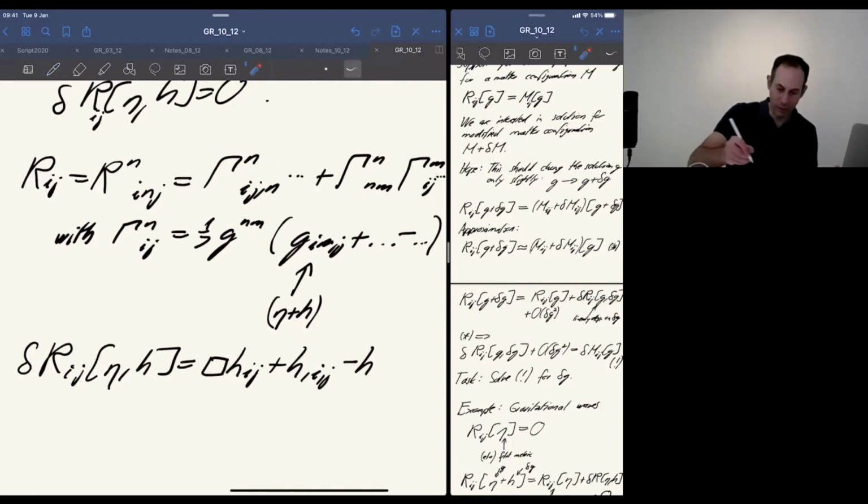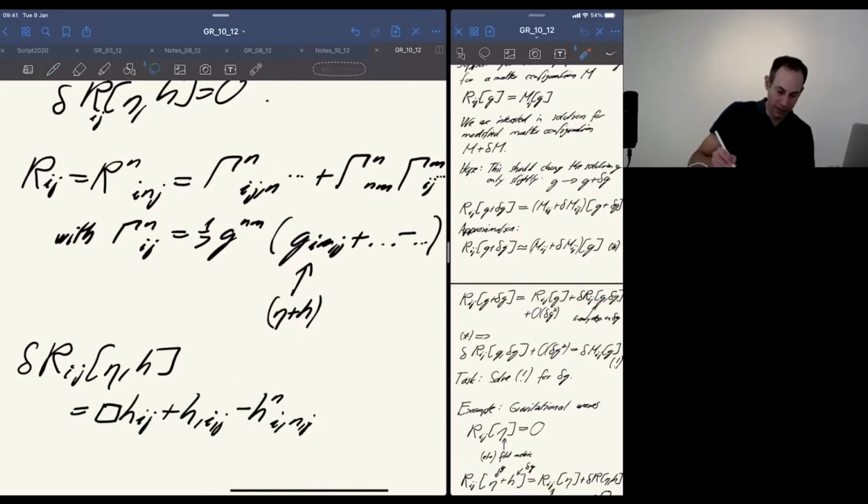And you know that probably, and it will also be spelled out in the exercises. And then you have just different combinations of derivatives of H. Okay, actually it's a bit longer. So you get these combinations of derivatives of H.